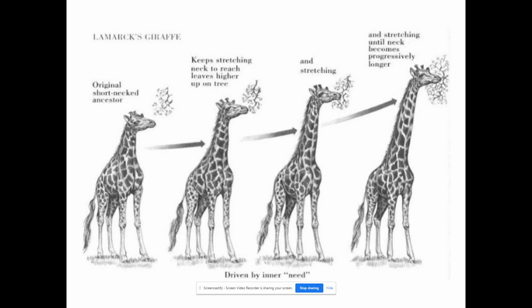And so what that giraffe does is it's sitting out on the prairie with a short neck, and it sees that there are leaves up higher, and so that giraffe will actually stretch its neck in order to reach those leaves.